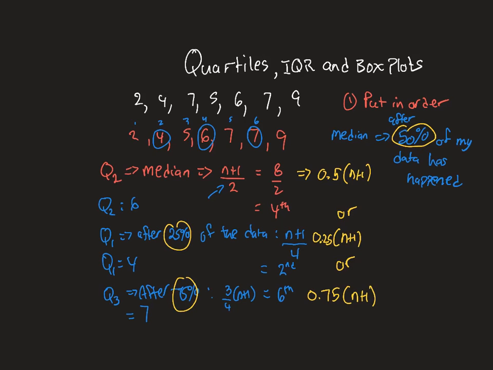You can use either one you want. If you have your calculators, I'd recommend using the decimal one. If you don't have your calculators, I would stick with the fractions because it's easier to do without the calculator.